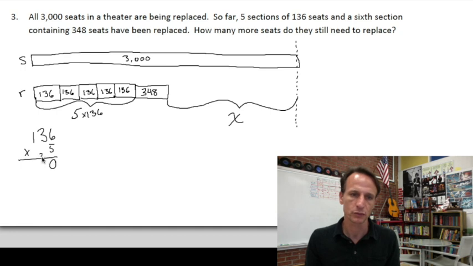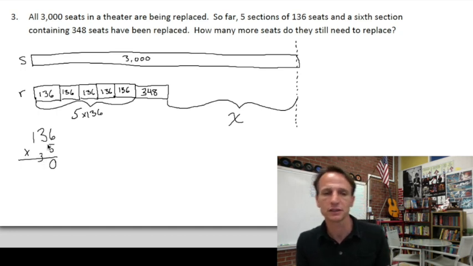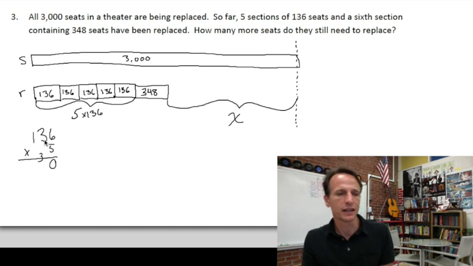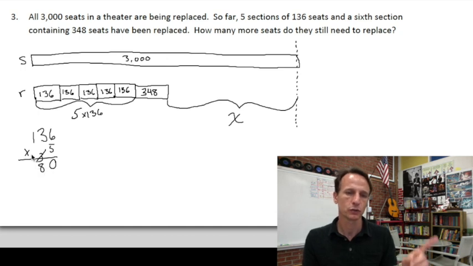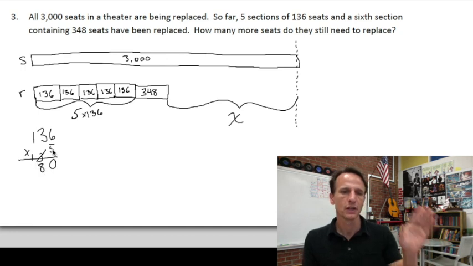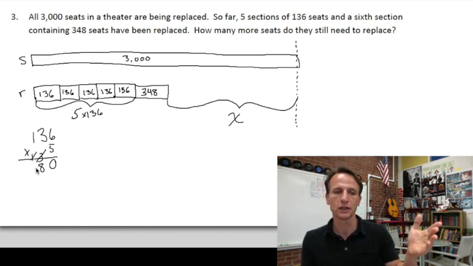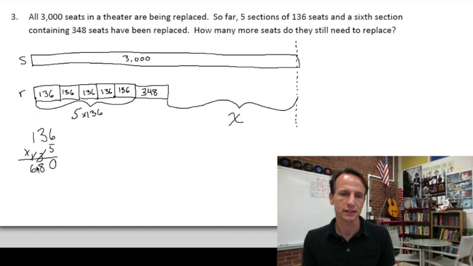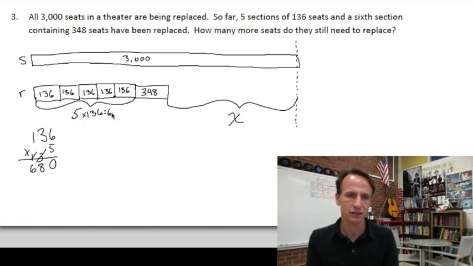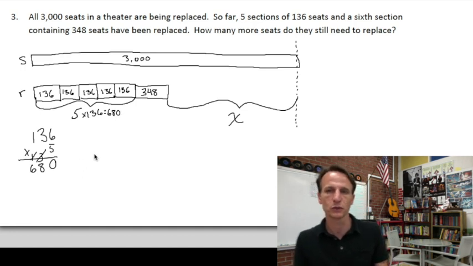Place the 0, regroup the 3 in the tens place. 5 times 3 is 15 plus 3, 18. Regroup the 1 in the hundreds place. 5 times 1 is 5 plus 1 is 6. So this right here, I could even jot it down here, that's 680 seats altogether, those 5 sections of 136 seats.